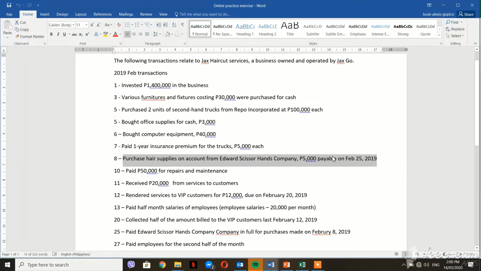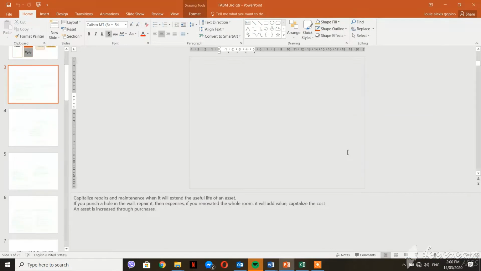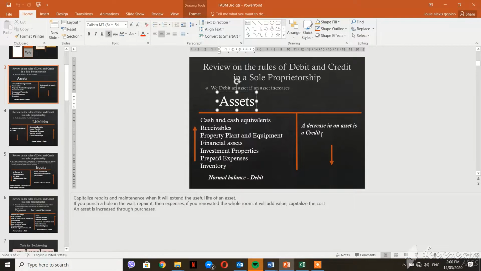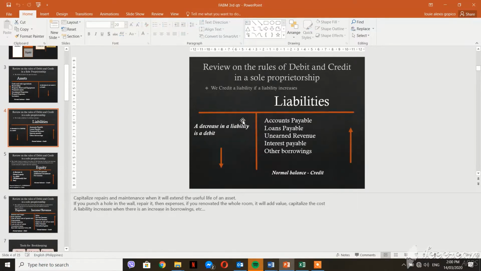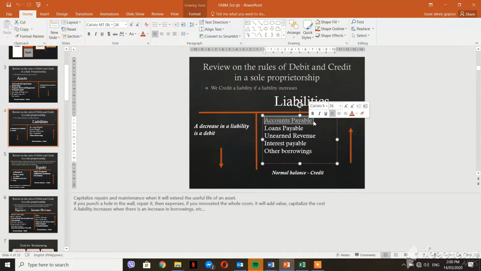So, for example, in the source document, it is stated that it is still payable on February 25, 2019. Meaning, we have not paid for it yet. So, we are not supposed to credit cash, or credit an asset. Rather, we should credit a liability account. Okay? Because we have not yet paid for it.